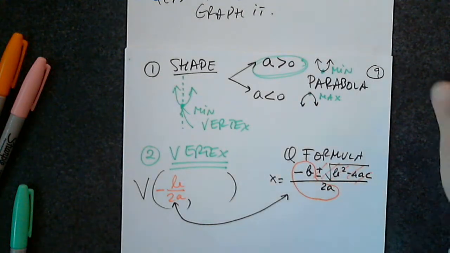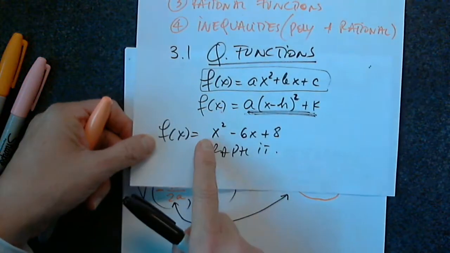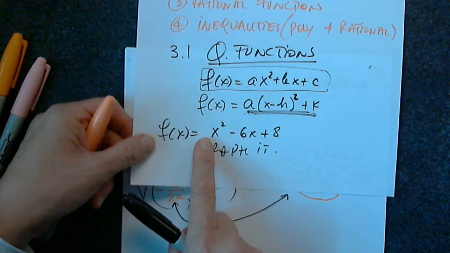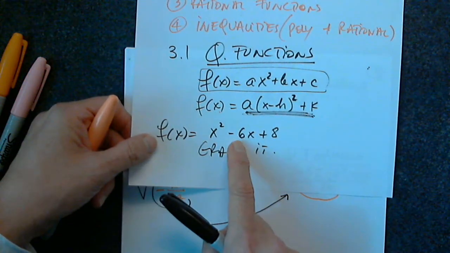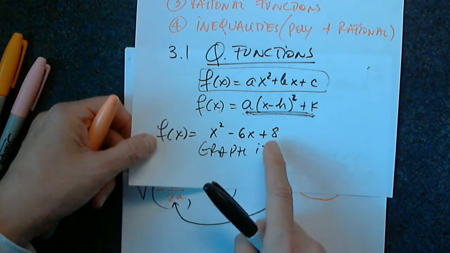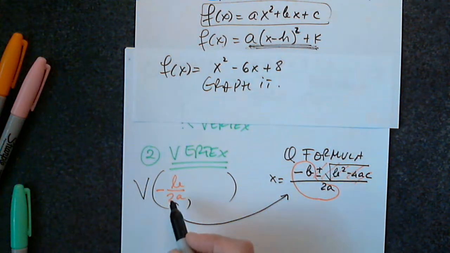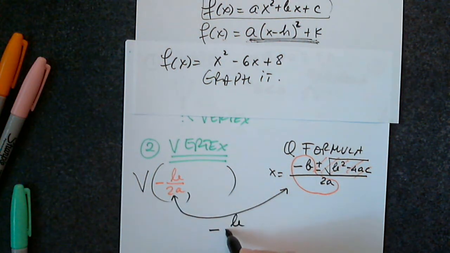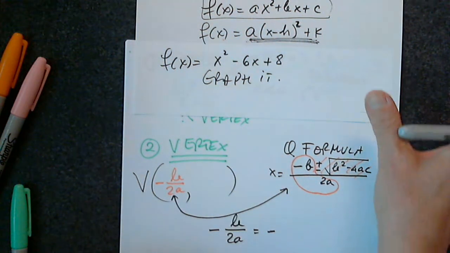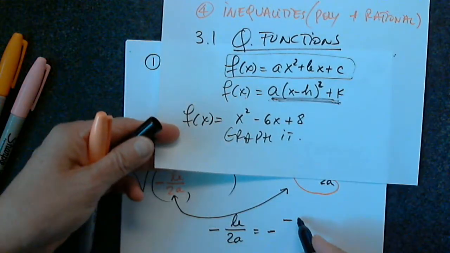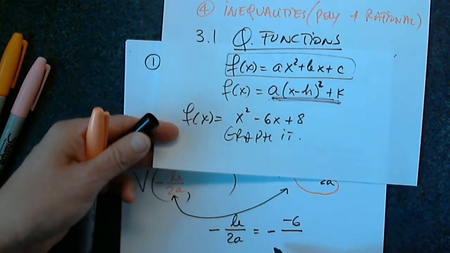So negative b over 2a is the x coordinate of the vertex. Let's find it. We have a, which is 1. We have b, which is negative 6. And we have c, which is 8. So let's find negative b over 2a. Negative outside, b over 2a, negative. So you already told me that b is negative 6, and 2 times a will be 2.